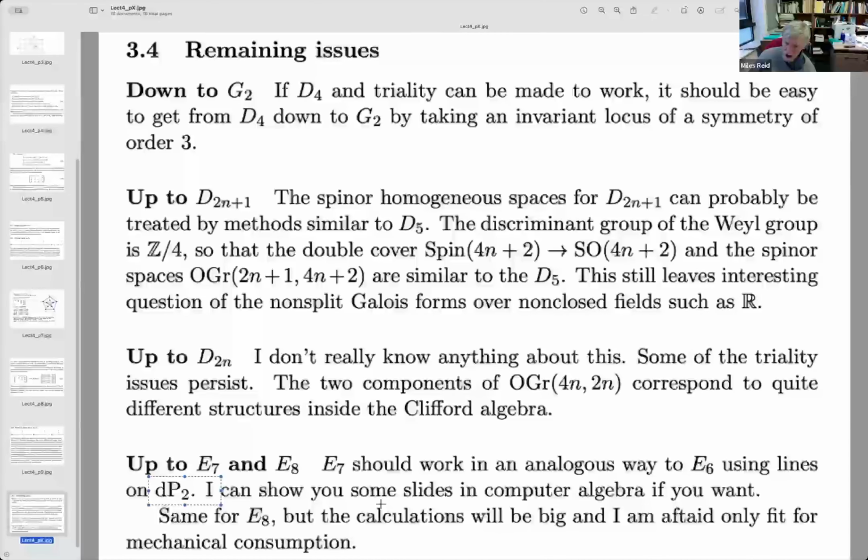I told you how to write the configuration of lines on the cubic surface using the Schläfli double six. This configuration of 56 lines is more complicated.